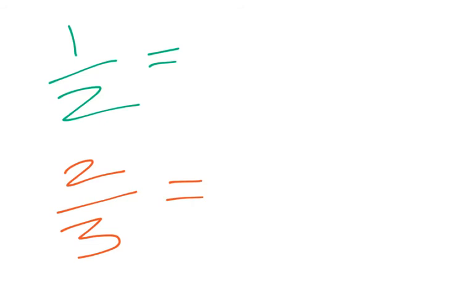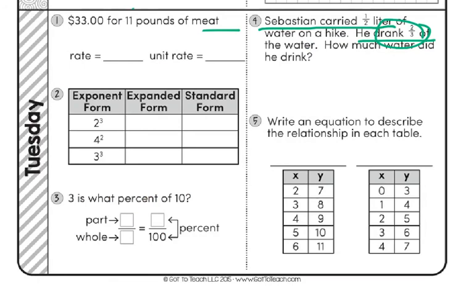Whatever you do to your denominator to get them to match, you have to do that same thing to your numerator, and then you can do your work using those fractions with like denominators. And I believe, yep, that's it for that one. So how much did he drink? Your answer will be a fraction for this problem.